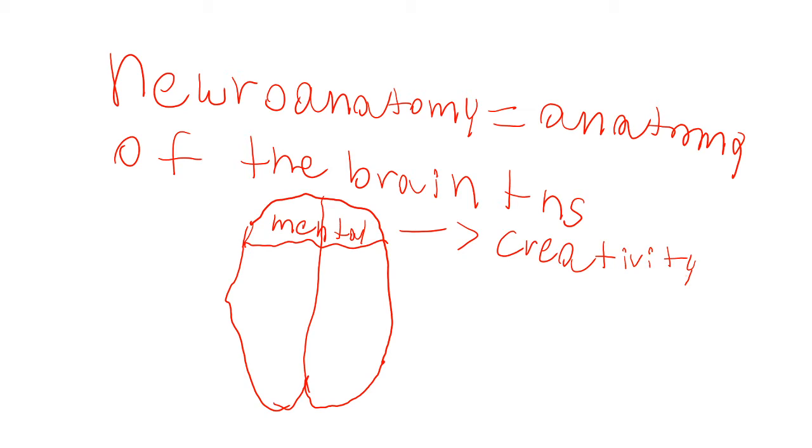Mental functions of the body come from this part of the brain, right over here at the top of the brain. That is also called the frontal lobe. So that's the frontal lobe, and its job is obviously creativity, judgment, concentration, planning, etc.